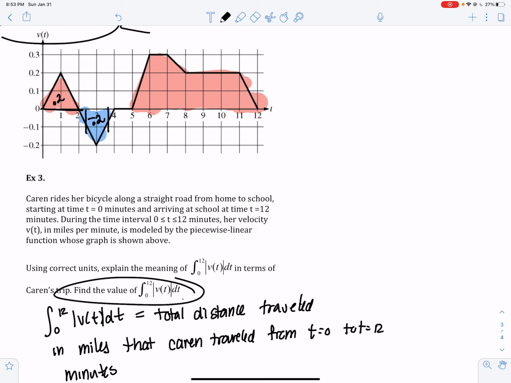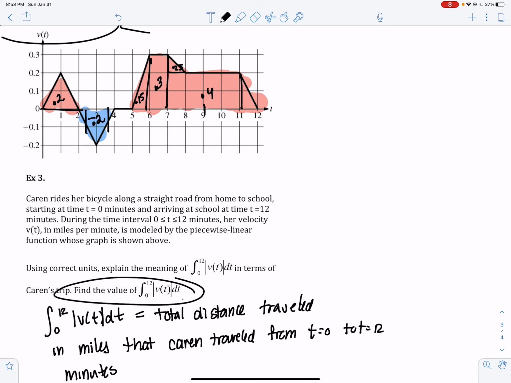Okay? And then up here, I have 1 times 0.3 divided by 2 is 0.15. And then I have 0.3 here. And then I have 0.25 here. And then here I have a 4 by 0.2, which is 0.8 divided by 2 is 0.4.